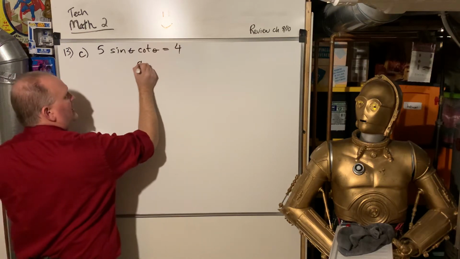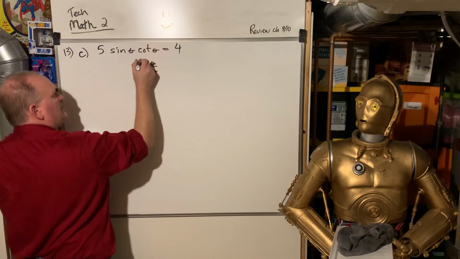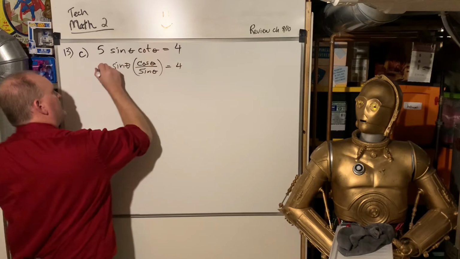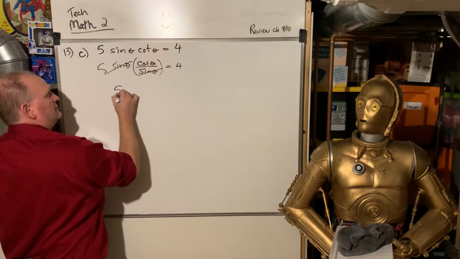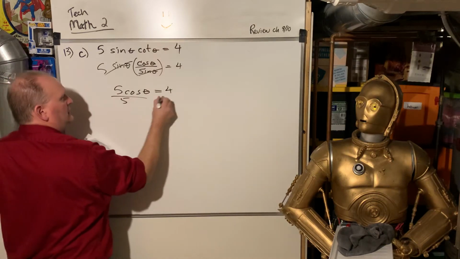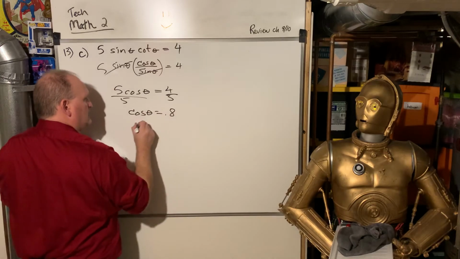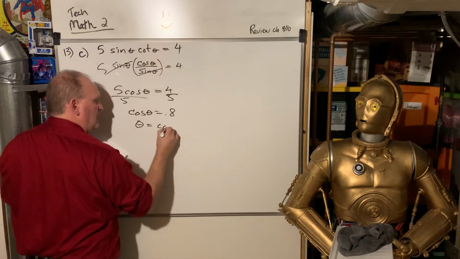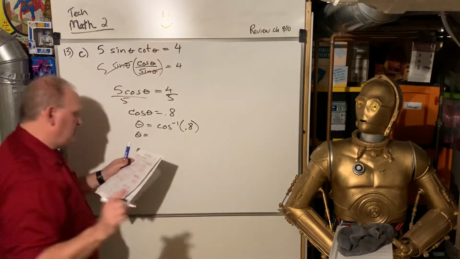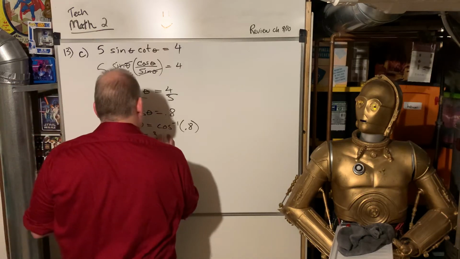So we know cotangent is cosine over sine, which means sines are going to go away. And divide by 5, so cosine theta is equal to 0.8. So theta is equal to the arc cosine of 0.8. And you pop that into your calculator, and that is 37 degrees.